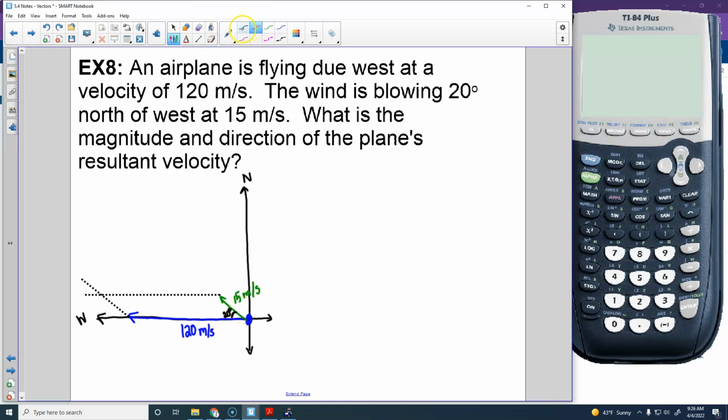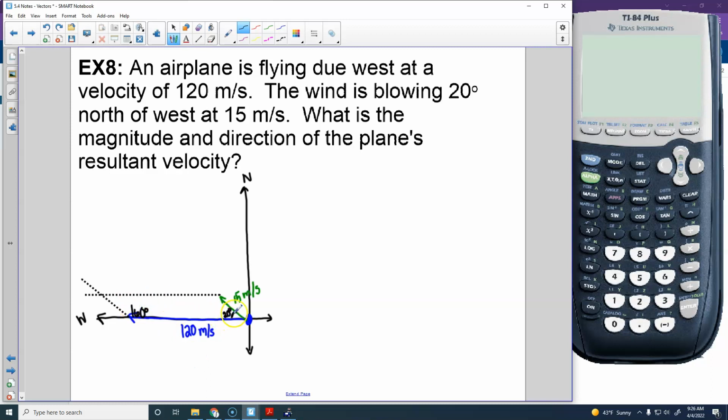And so I will draw the resultant vector. Actually, before I do the resultant vector, I'm probably going to need these angles right here. What would this obtuse angle right here be? It's going to be 160 right here.